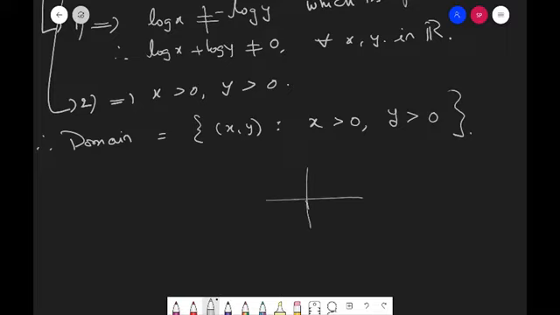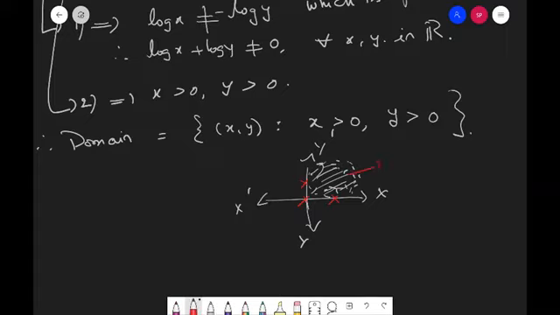I am only showing in 2 dimensions. This is the xy plane. All x greater than 0, y greater than 0, where will they be? In the first quadrant. X should not be equal to 0. That means it shouldn't be on the x-axis, it shouldn't be on the y-axis, it should not be at the origin also. It should be only in the first quadrant.